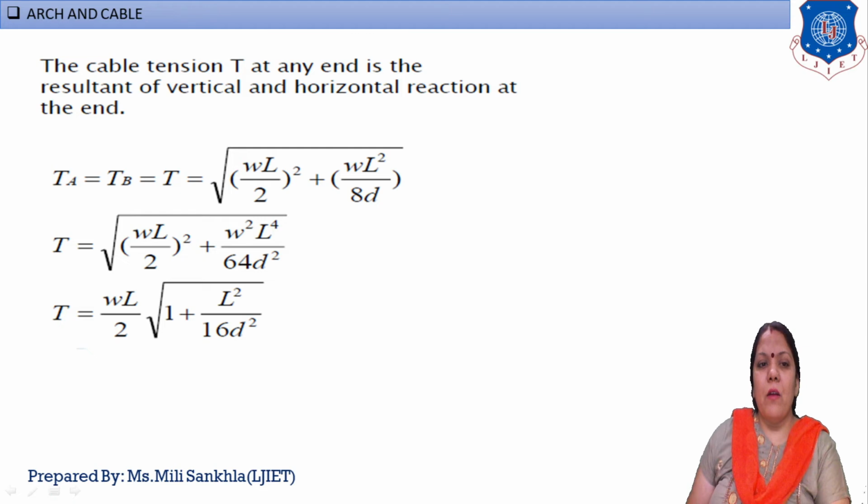In an example, we can use this equation directly, or finally use WL by 2 common, 1 plus L square by 16 D square. But I suggest we use this equation because it is easy: WL by 2 whole square plus H square, that is the equation of T maximum.